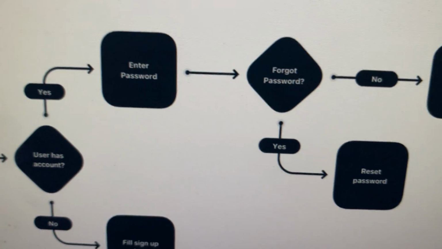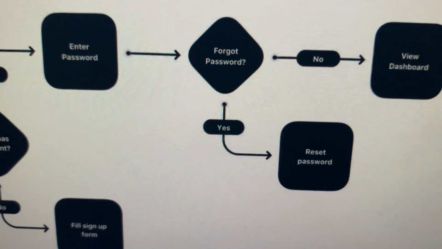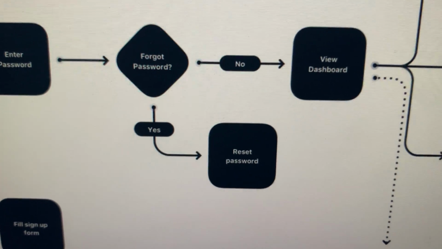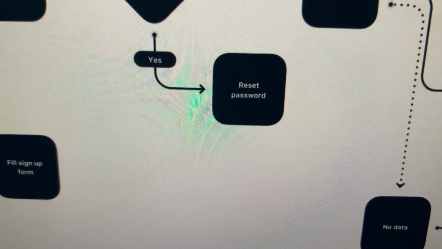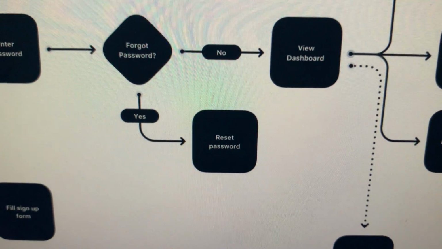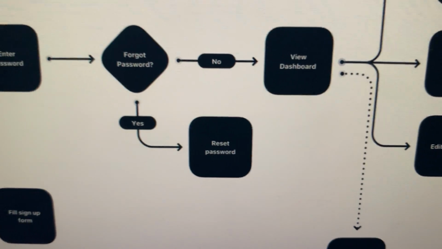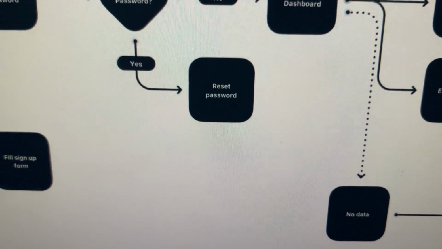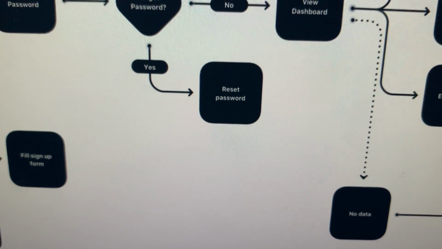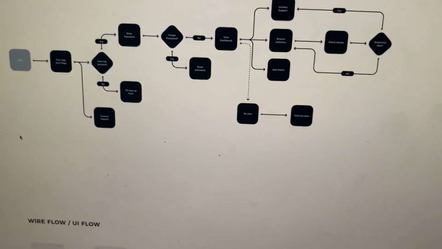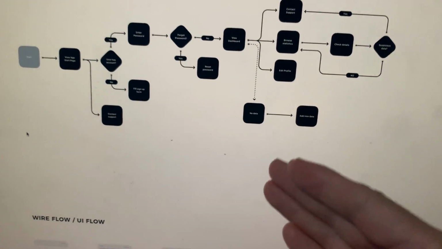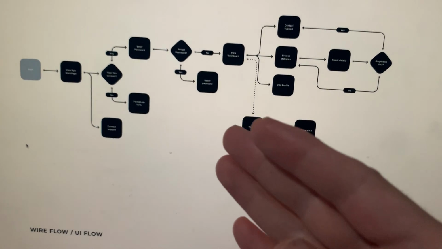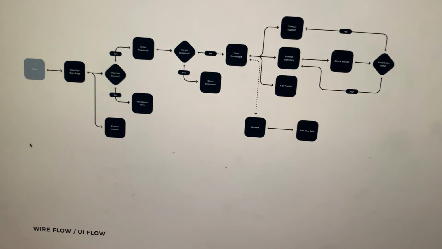If he enters his password, he has other options like forgot his password, or if he didn't forget, then we just allow him to log into the dashboard. And if he forgot his password, then we send him to a UI or we give him the option to reset the password. So see, this is what a user flow looks like, and your case study has one. So you should create it and put it on your case study.